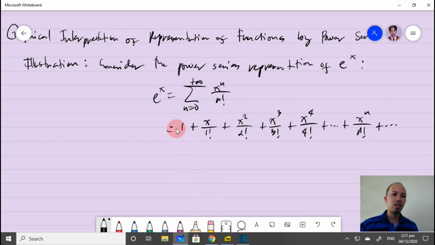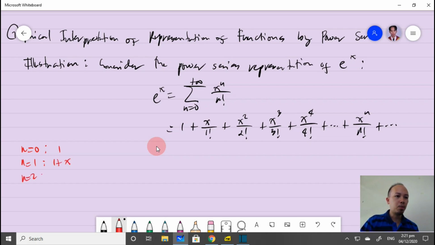Let's graph the terms when n is equal to 0. We have 1. When n is equal to 1, we have 1 plus x.